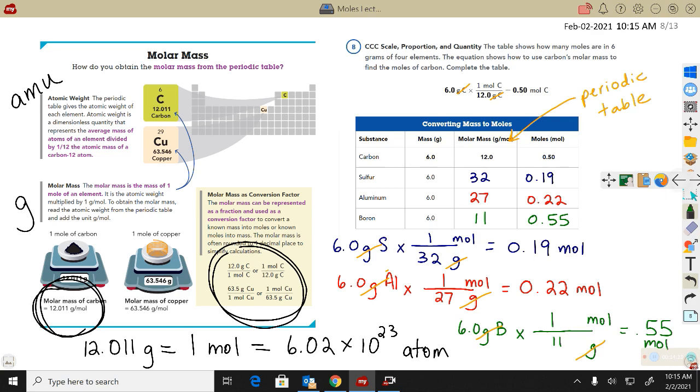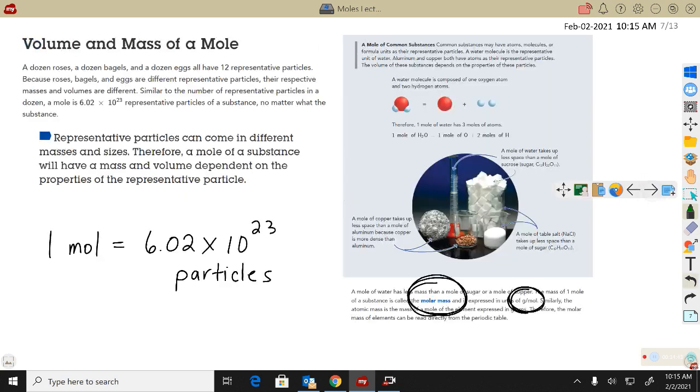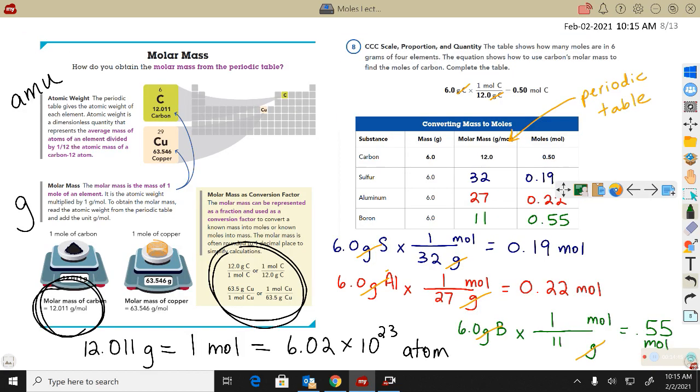Now when we did these calculations the other day, when we were converting between moles and atoms or moles and molecules, then again we had the same setup. We had the exact same proportion. But then the numbers on the proportion were the exact same numbers too, because it was just this 1 mole is always the same number of particles.